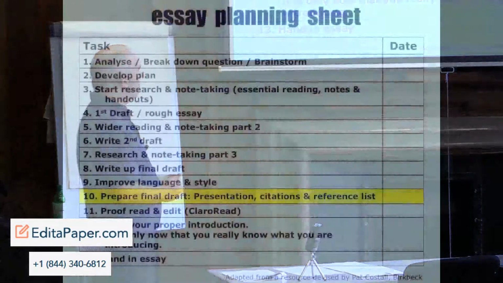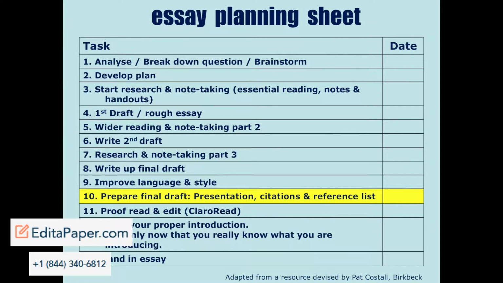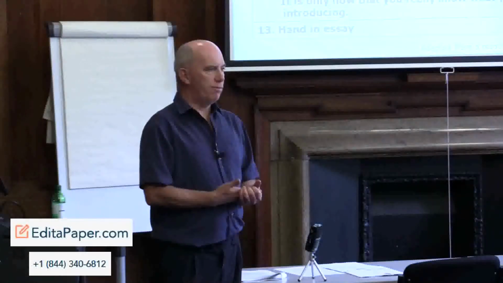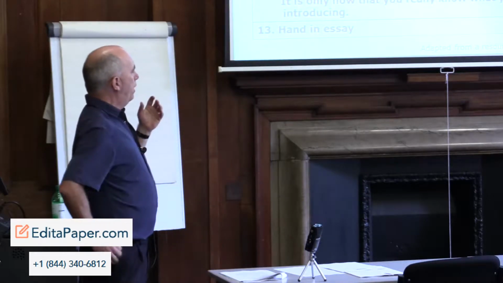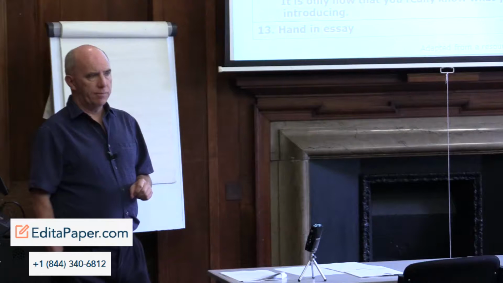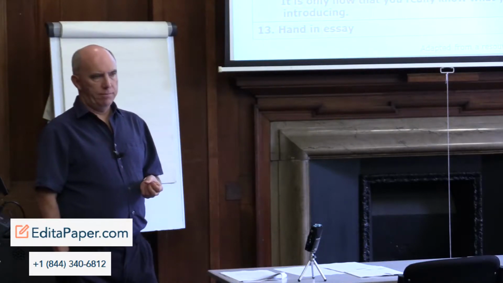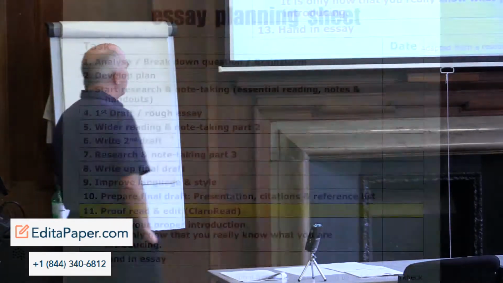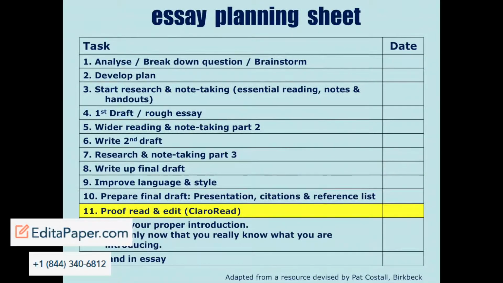And number 10, prepare the final draft. Are you being asked to present it in Arial, size 12, double line spacing? What are the instructions? Make sure you follow the instructions. And make sure that you've checked the citations in the text and the reference list. Is it correct? Then you can proofread it and edit it, and I recommend Clara Reed software.